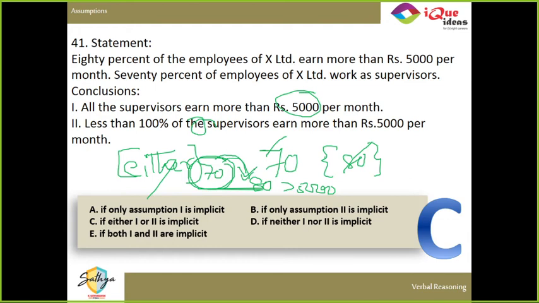So either all of them are part of the 80 making more than 5,000, or not all of them. So yes or no, one of the two options will definitely be there. Do you get that, Rihani? Between yes and no, one of them is definitely an option. And that's why it's either one or two.